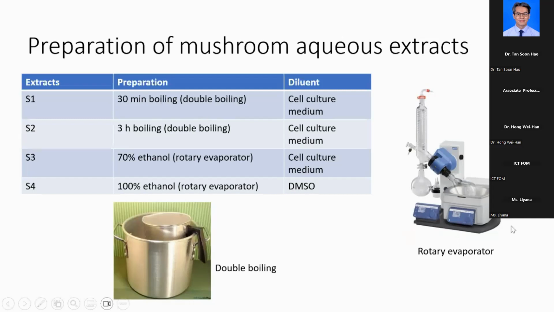This is the rotary evaporator that we use to evaporate the alcohol, which subsequently leaves a dry powder. Then we can dilute them or make them soluble in culture media or in organic solvents, to be applied on cell culture. Of course, the absolute alcohol one, which is S4 at 100%, is not water soluble, so we can only dissolve it in the organic solvent DMSO.